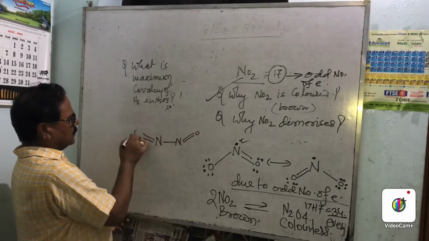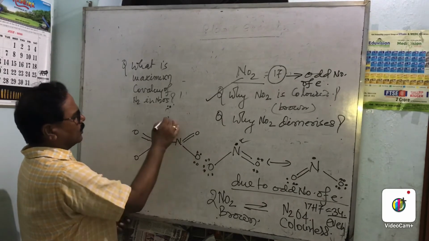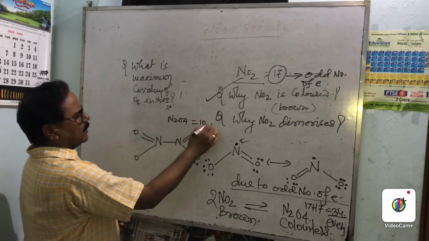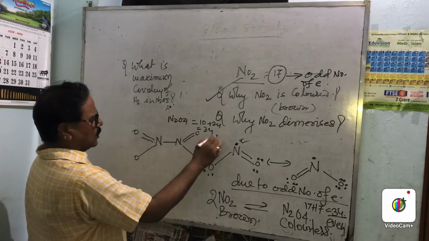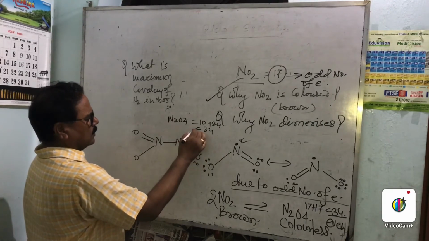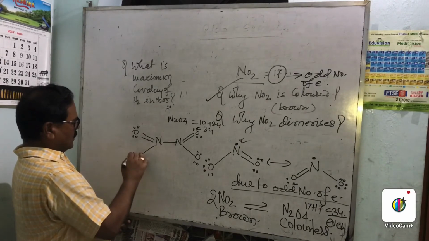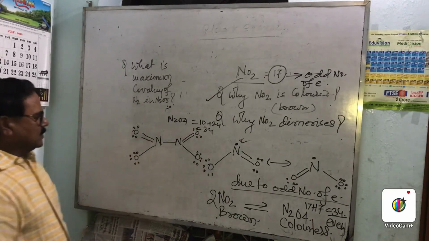See here, this is N2O4, you calculate it, that is 10 plus 24, 34. It is your work, not my work, it will depend upon your practice.